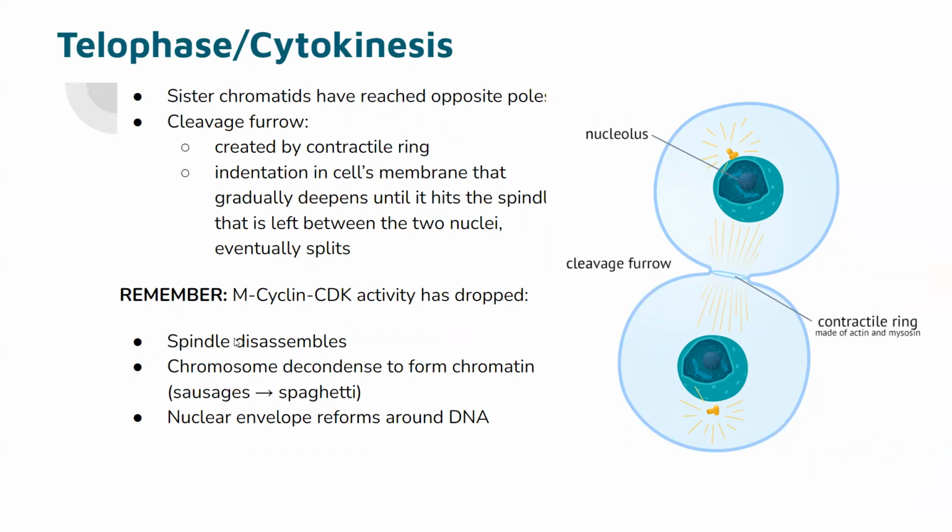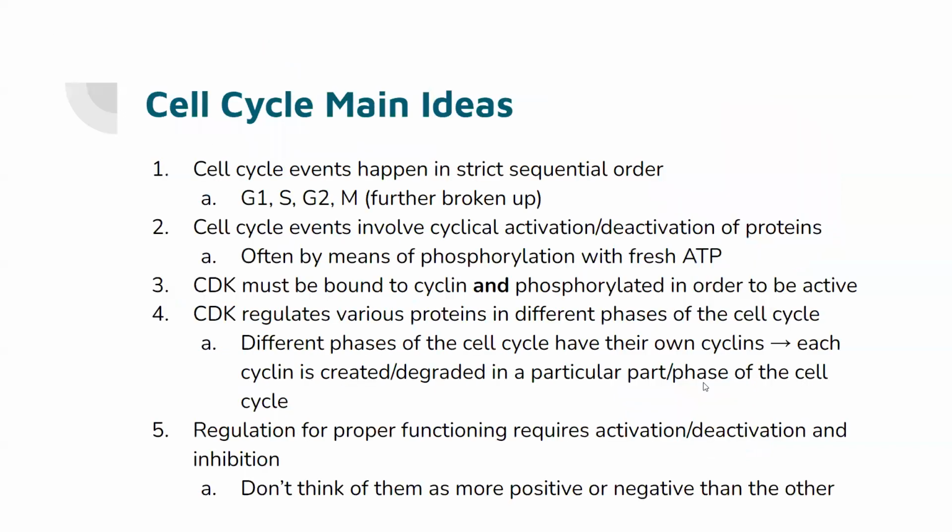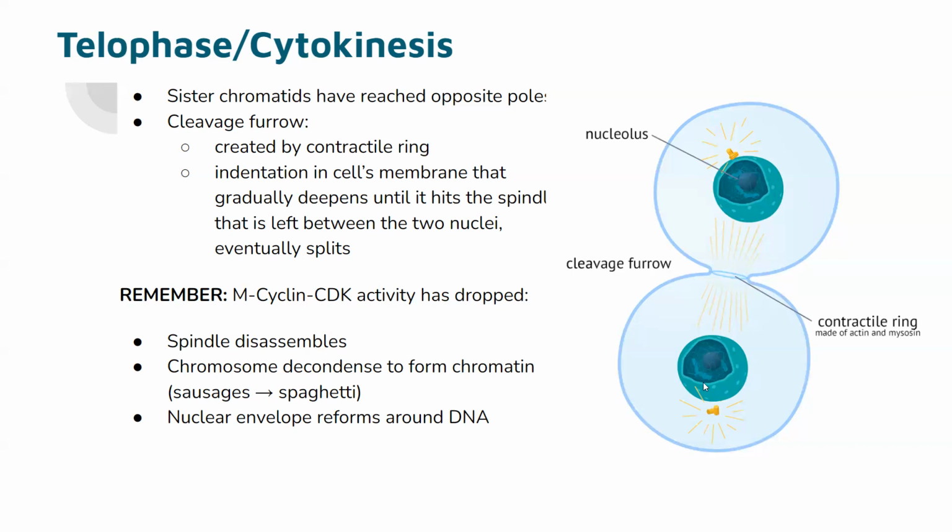Part of this is going to be for telophase. Part of this process is going to be due to the fact that M cyclin CDK activity is dropping, and so the spindle is going to disassemble, and the chromosomes are starting to revert to their state of being loose chromatin.